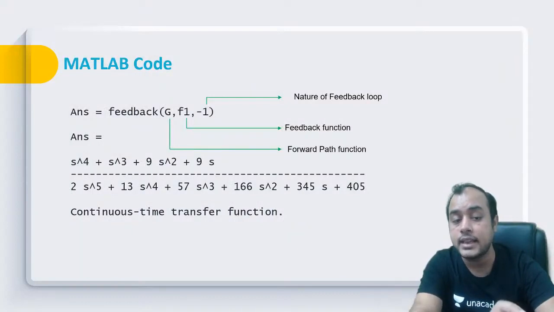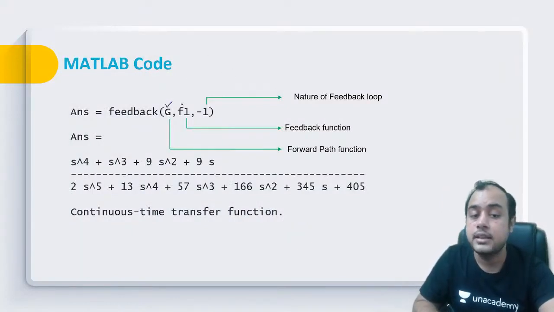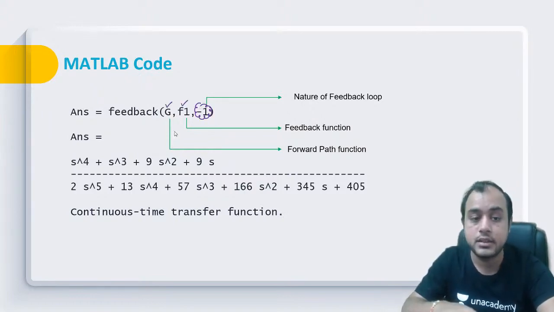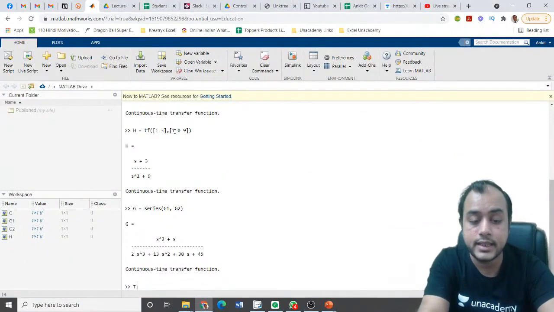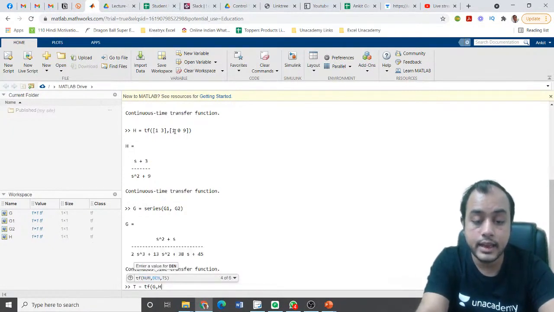Now we need to take feedback. In feedback, the format is first we write G, the forward path, then H, the feedback path, and then the nature of the feedback, that is negative feedback. So we say T, the transfer function, G, H, minus 1.